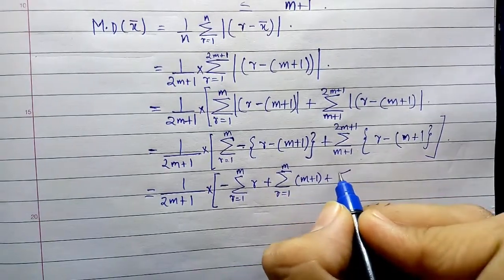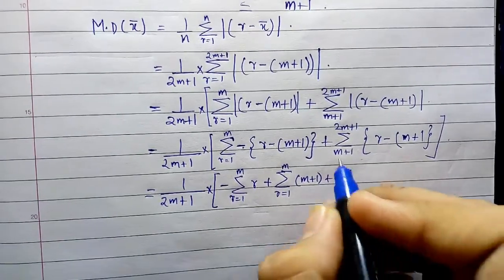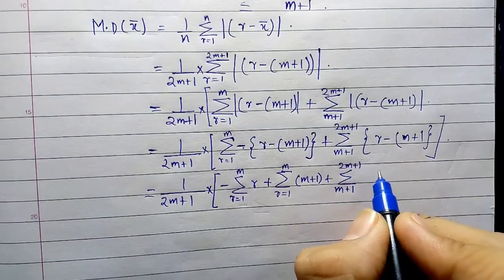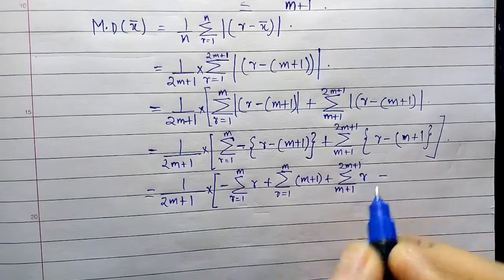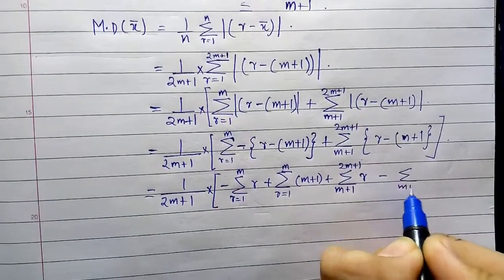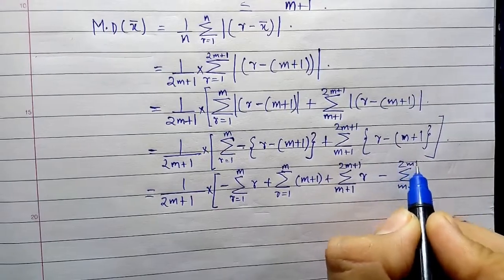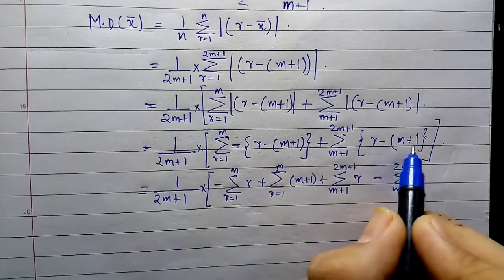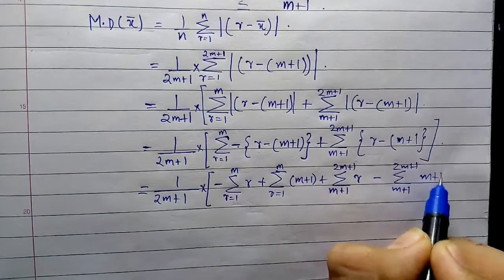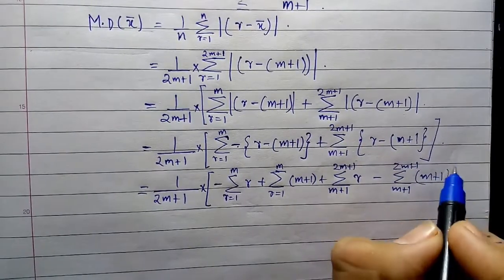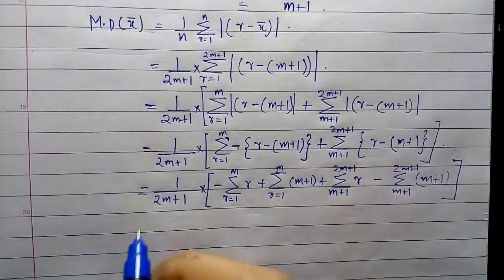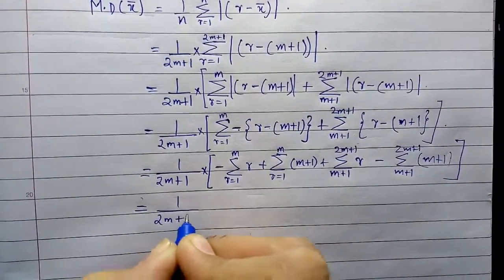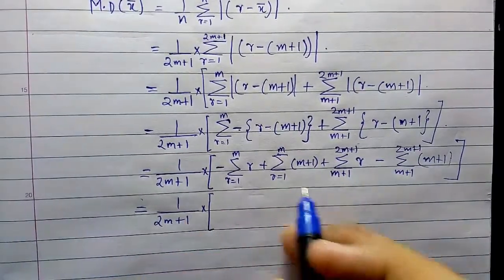Again, so we have it. Pretty clever algebra, you see. Again, m plus 1 is a constant. Doing the next step, putting the big brackets on.